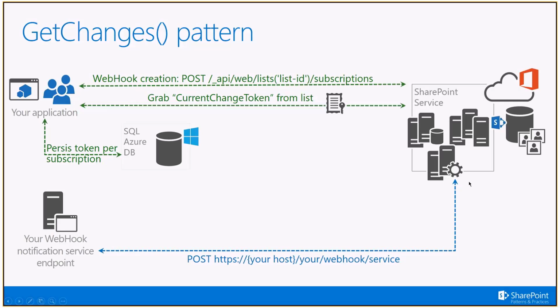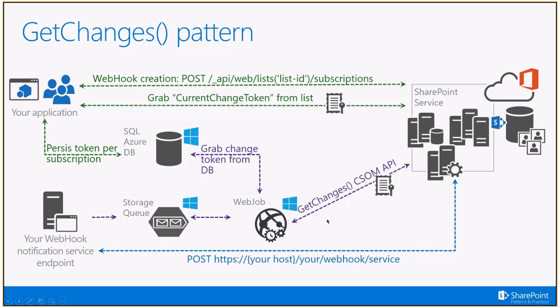Then when SharePoint calls your endpoint because the change happened, you persist the change in the queue, like we discussed. The web job is then processing the change. But in this case, the web job will grab the latest change token from the database. So when the web job runs, it only gets the changes which were not processed before.